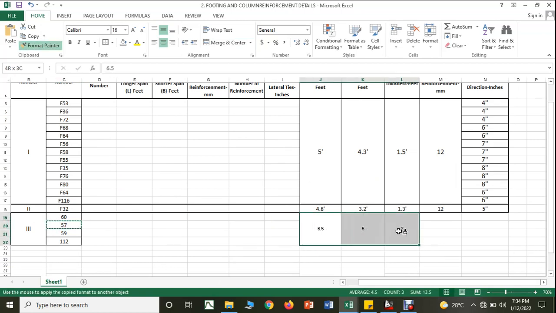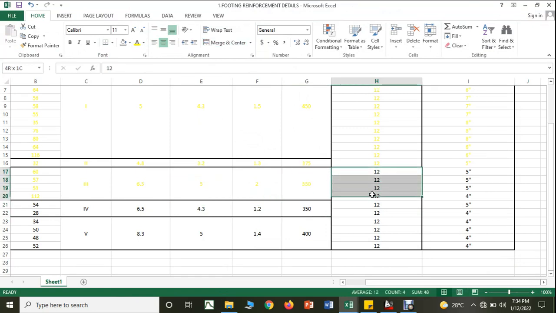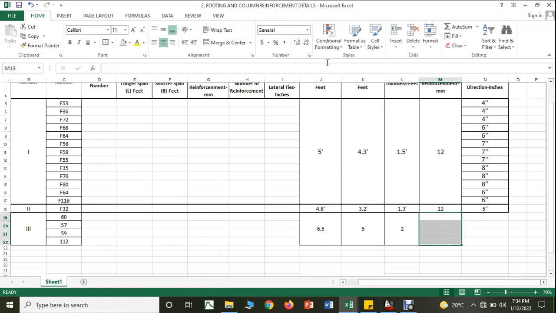And 2. Okay, yeah. Point 552. And what about the reinforcement values? Reinforcement all will be of 12. So therefore I can merge and write it as 12.